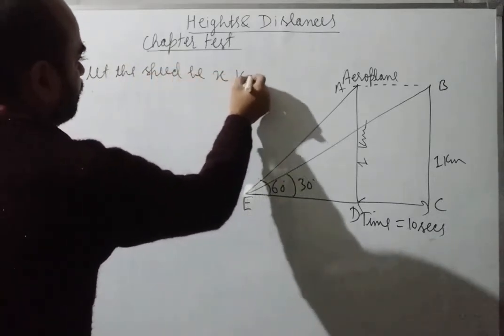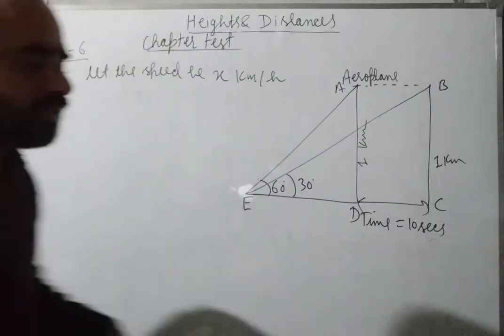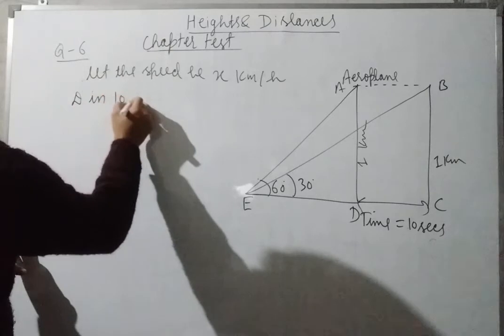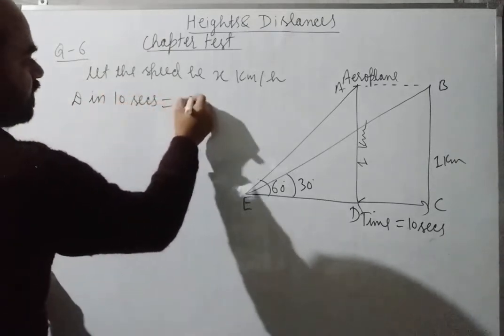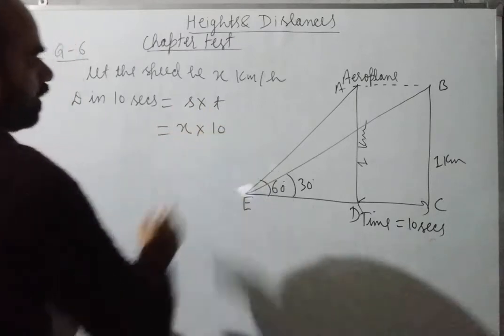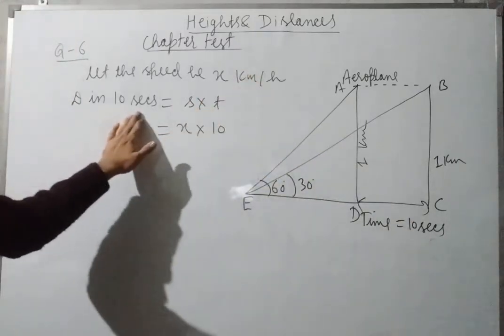So what is the distance traveled in 10 seconds? Distance means speed into time, x into 10. But the problem is speed is in kilometer per hour and time is in seconds.